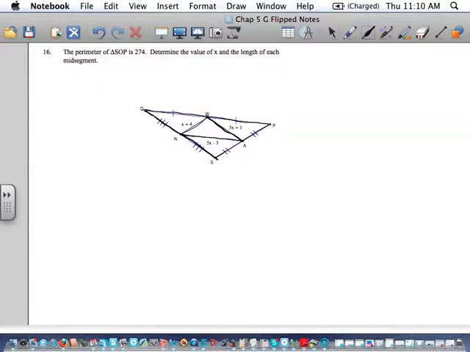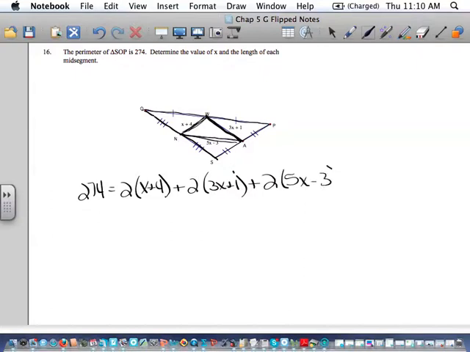So the perimeter of SOP, which is 274, is equal to 2 times x plus 4, the length of this midsegment, plus 2 times the length of this, which is 3x plus 1, plus 2 times 5x minus 3. So you have 274 is equal to 2x plus 8 plus 6x plus 2 plus 10x minus 6.